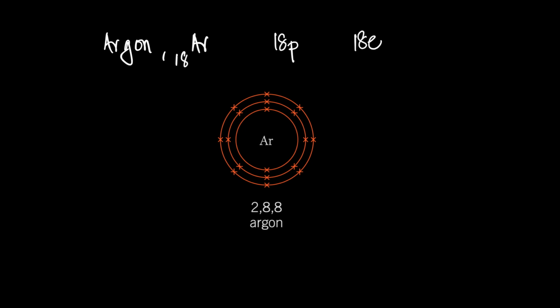And let's take the last one, calcium. Calcium is the 20th element in the periodic table, and we have to know the first 20. The more you see them, the more you learn about them, but it'll be great if you learn them by name, learn their atomic numbers, or at least you can see them from the periodic table, but it helps. So calcium is the 20th element, and that means it has 20 protons and 20 electrons.